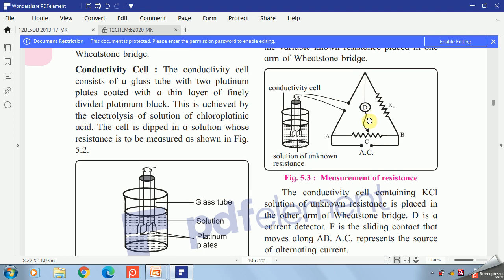F is a sliding contact that moves along this AB. Okay, and this AC represents the source of alternating current.